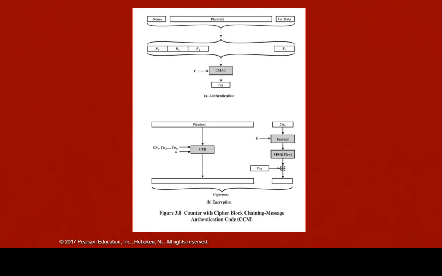The resulting sequence of blocks serves as input to the CMAC algorithm, which produces a MAC value with length TLEN, which is less than or equal to the block length, as shown in the figure. For encryption, a sequence of counters is generated that must be independent of the nonce.